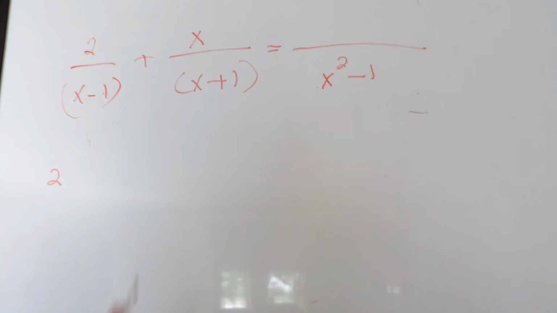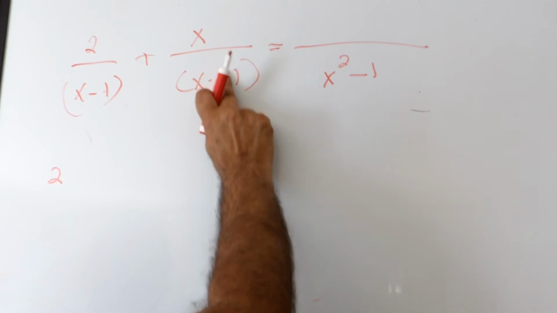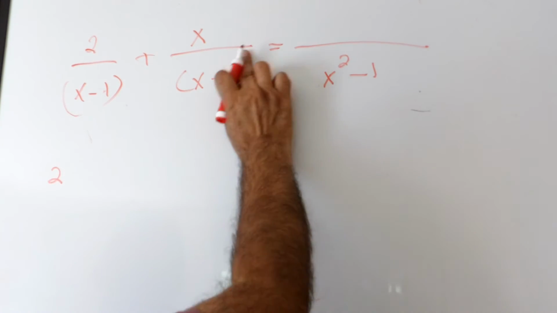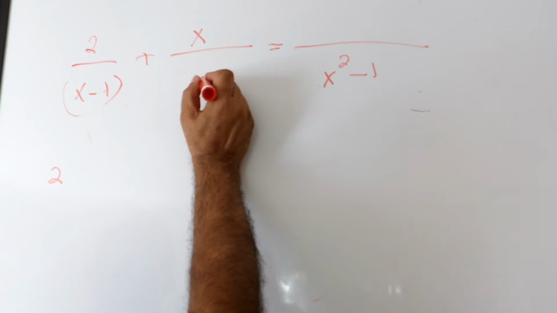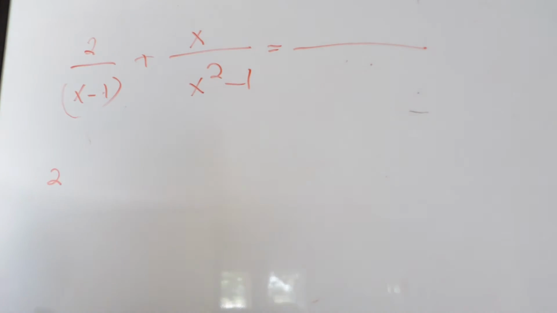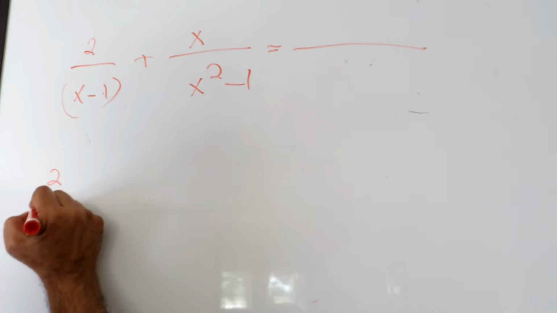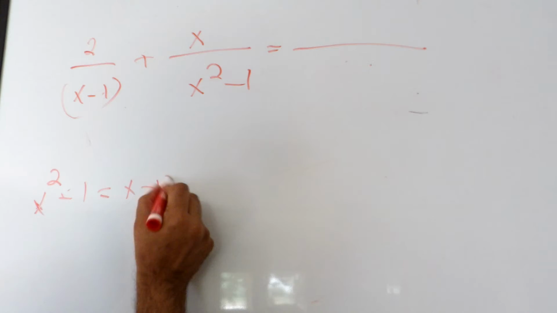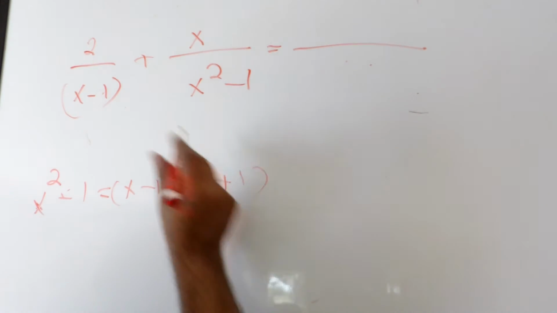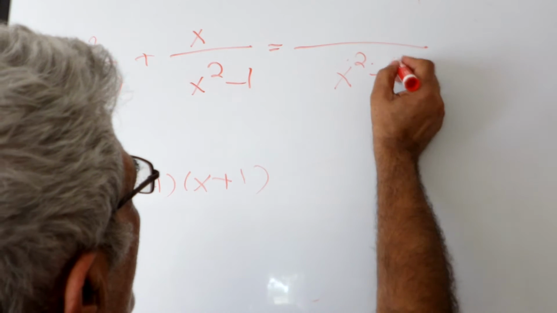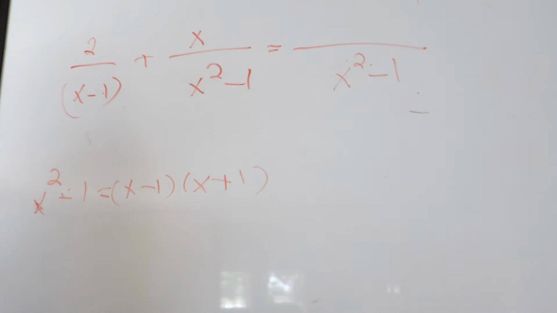Or something like this, x minus 1, x squared minus 1. What is this? This is, as we said, x squared minus 1, x minus 1 times x plus 1, okay? And then the common factor is going to be x squared minus 1.